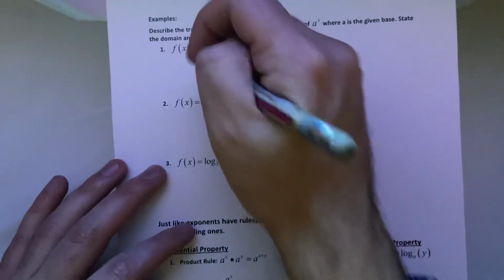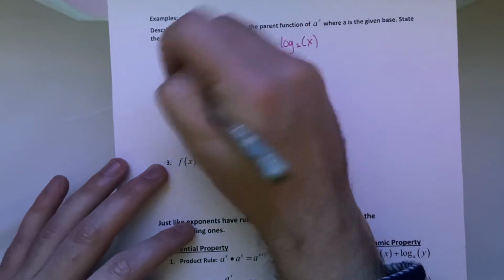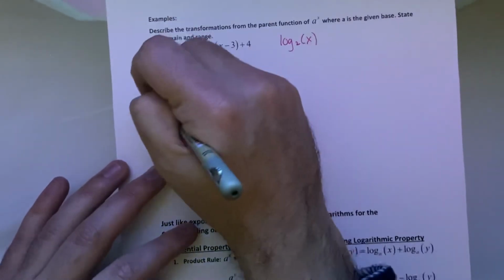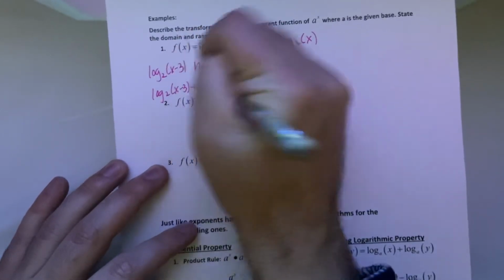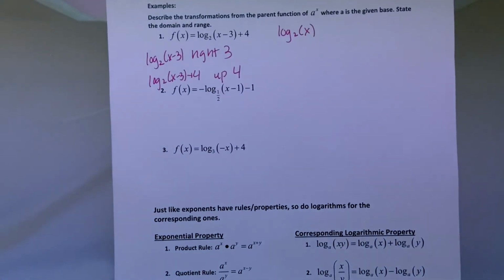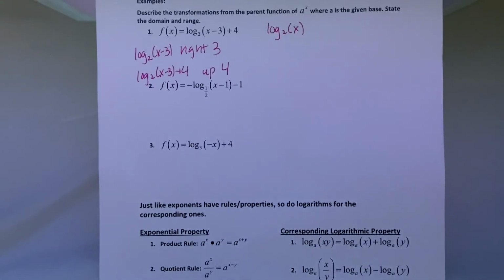The -3 is moving it right 3, gives us log base 2 of x minus 3, and then the +4 moves it up 4. It's kind of an informal notation, but it works. And of course, negatives and numbers multiplied in front create reflections or vertical stretches and shifts. And we'll get to the logarithmic properties that mirror our exponential properties in the next video.